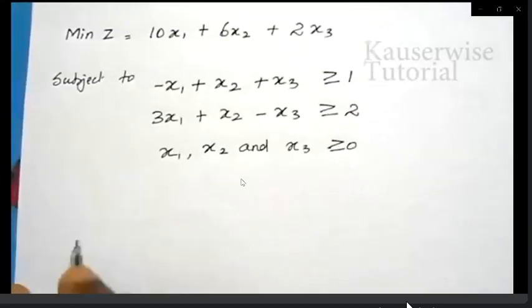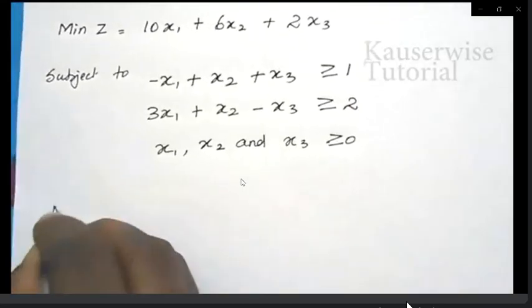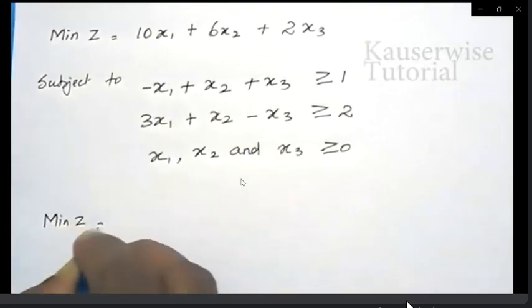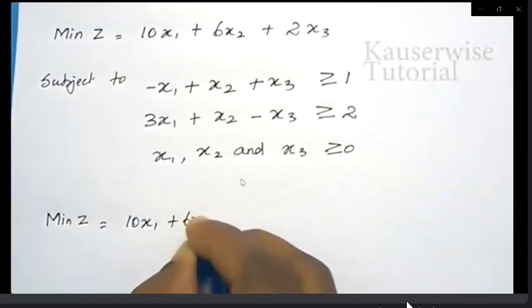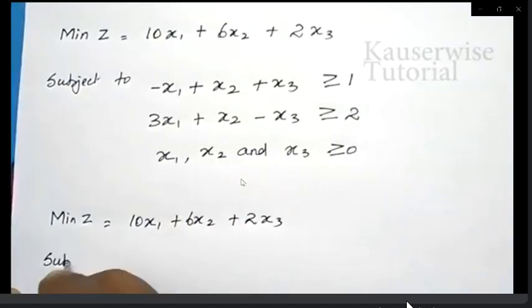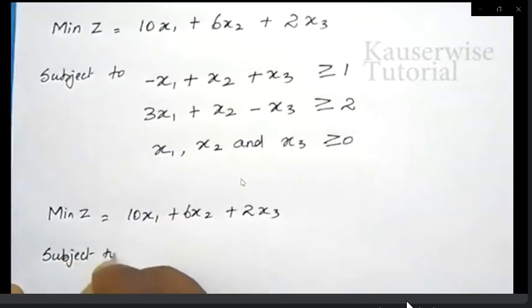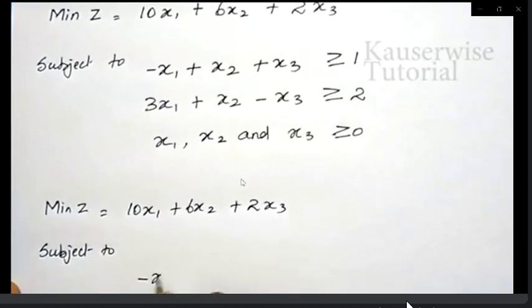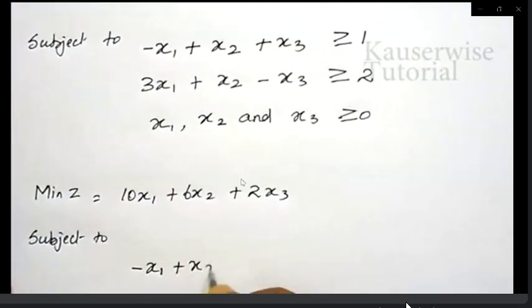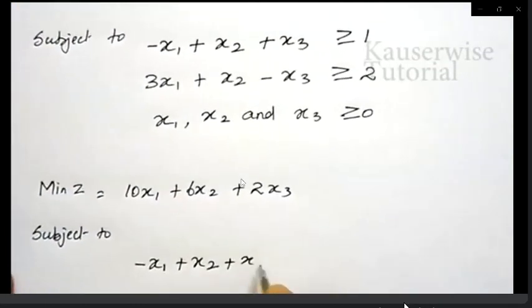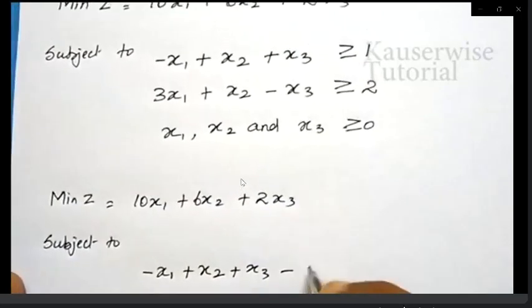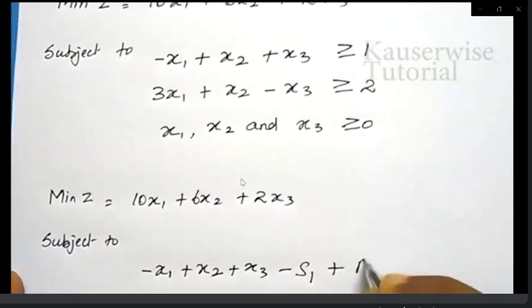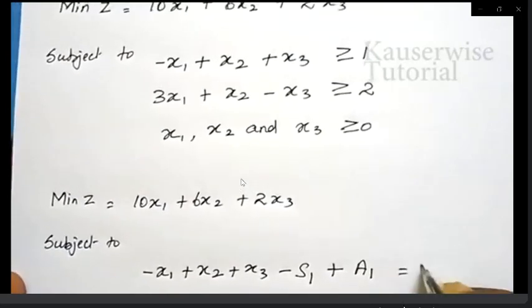First is framing the canonical form. Minimize z equals 10x1 plus 6x2 plus 2x3 subject to the first constraint minus x1 plus x2 plus x3. Here we have greater than or equal to, so subtract a slack variable and add an artificial variable, equals 1.